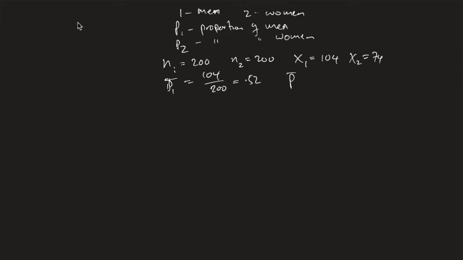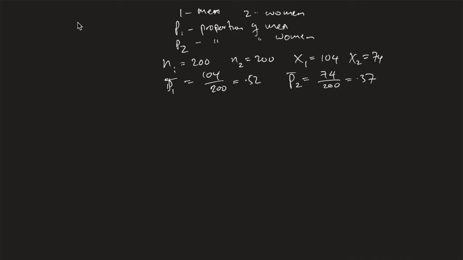And then P bar 2 for women, sample proportion, is 74 over 200, and that's 0.37. So already just from the sample statistics, you could see that a higher proportion of men thinks that they will get a promotion, 52% versus 37% of women.